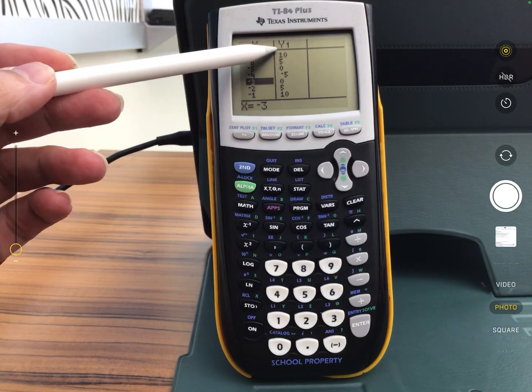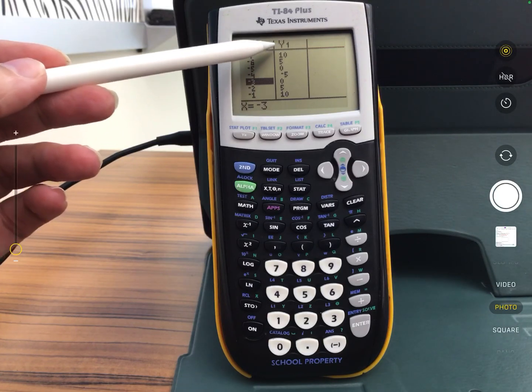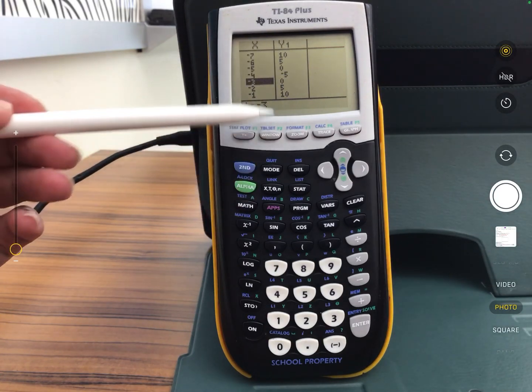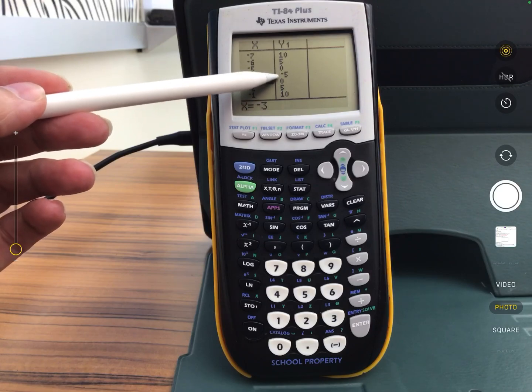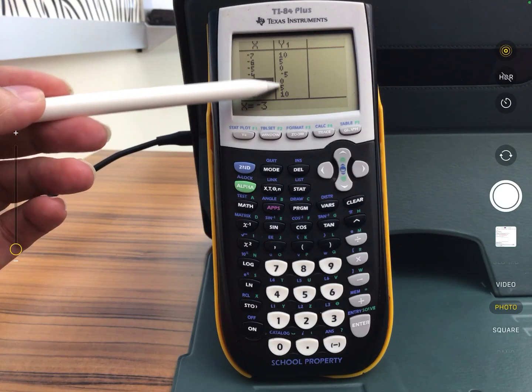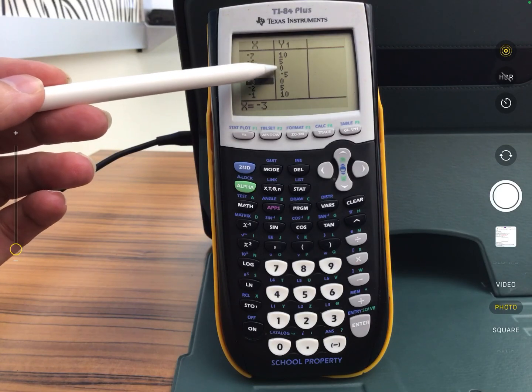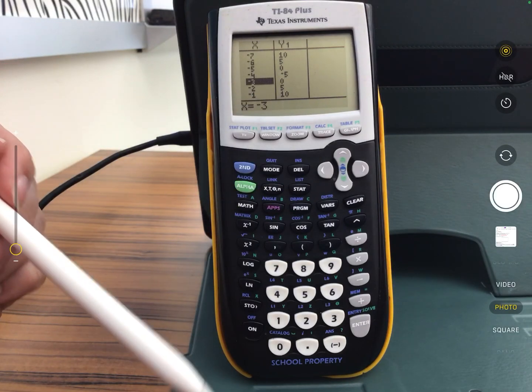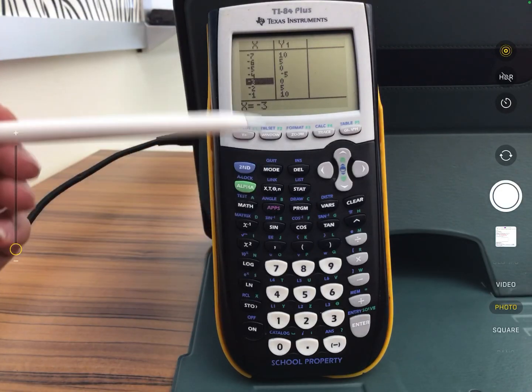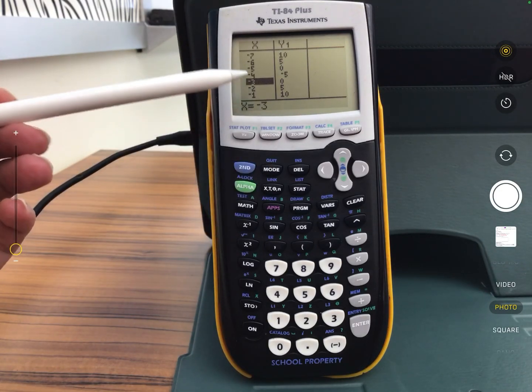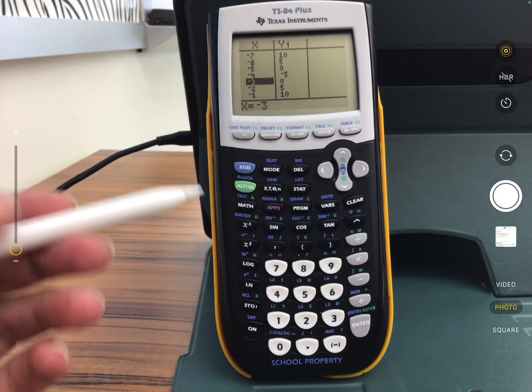So just keep that in mind. This is why we use the calc 0 method to start, like we move everything to one side, because it's much easier to look for zeros, even if the 0 doesn't come up in the list. As long as we have a change in sign from positive to negative, you know that a 0 must have occurred in between those two x values. In this case, it happens to be nice.